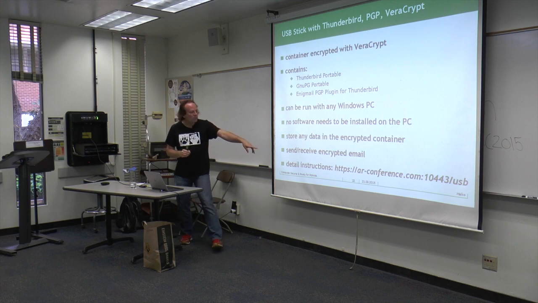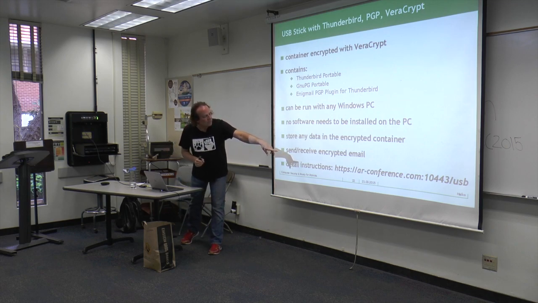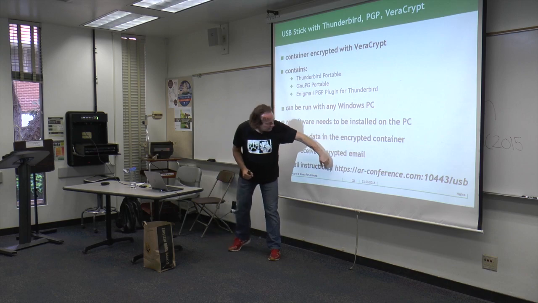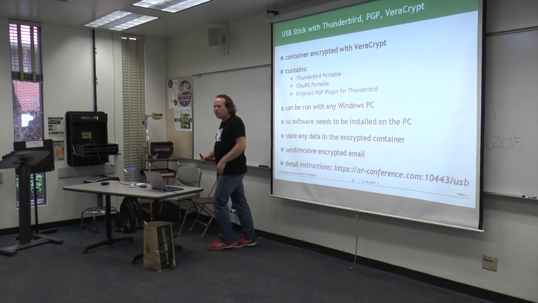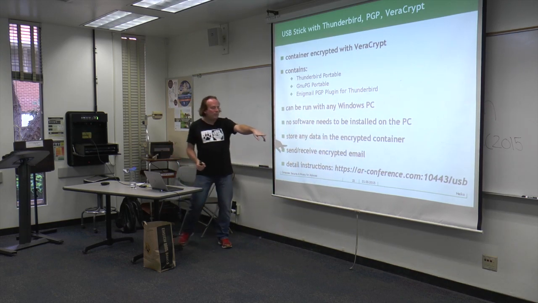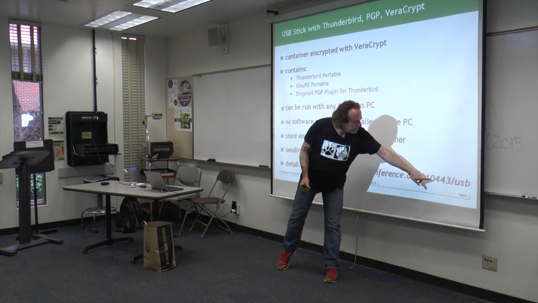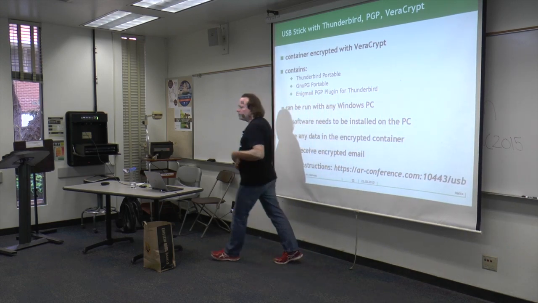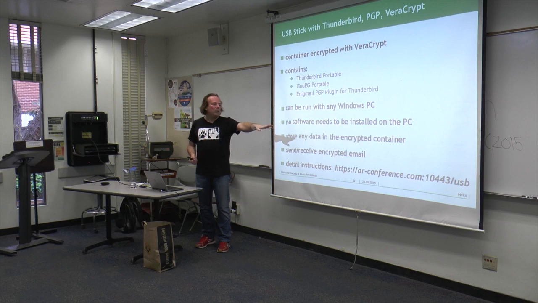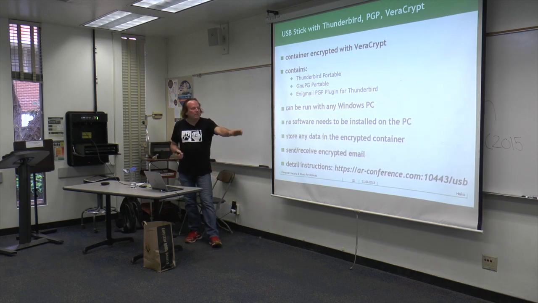So I don't know if you can all read this. There's a website, it's this one here, AR-conference. It's important that there's this :10443 behind it, because it's a special port for encryption. And /USB.